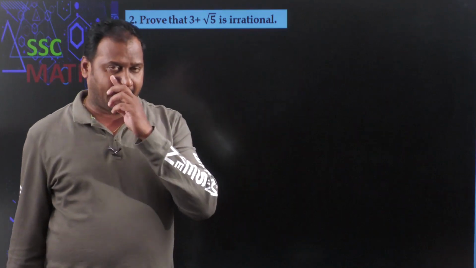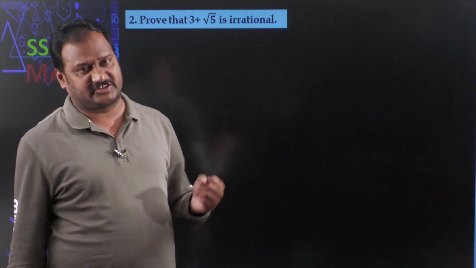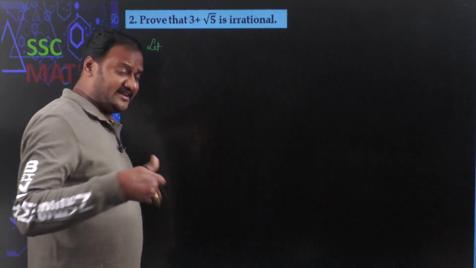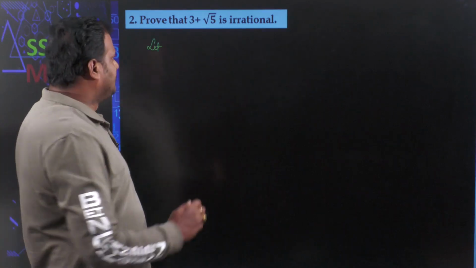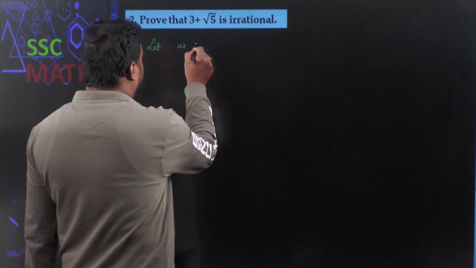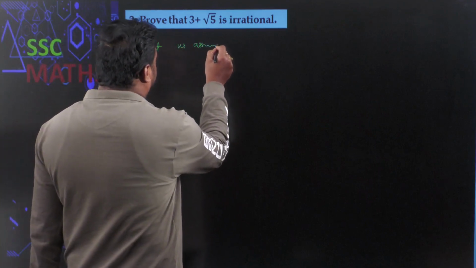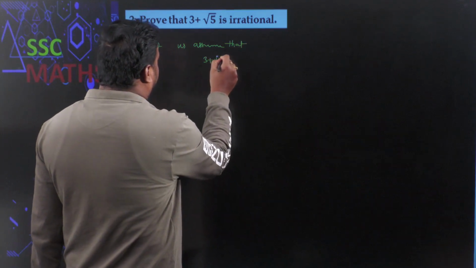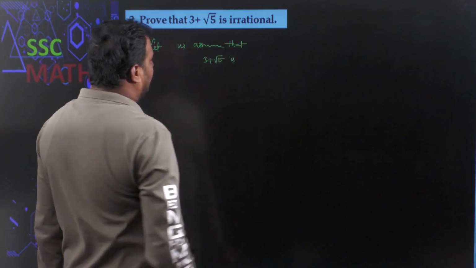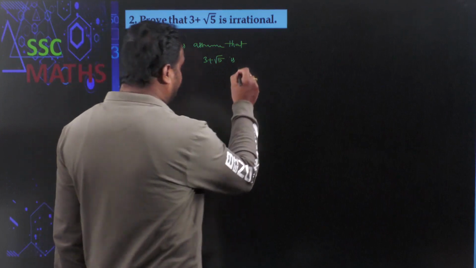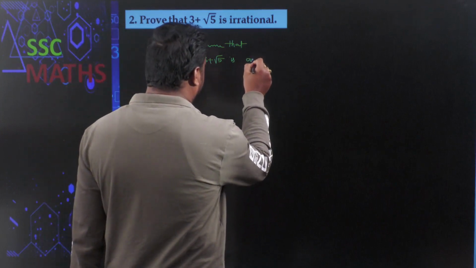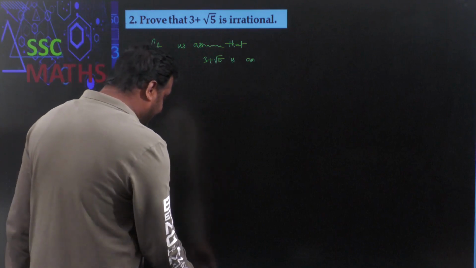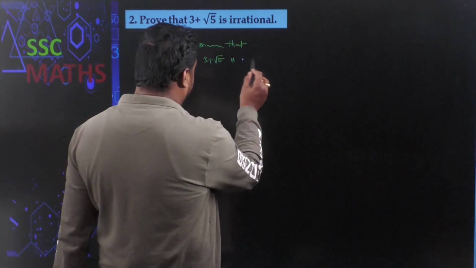That is one way. And the other way suggested in the textbook is, let us consider again the indirect method of proof. Let us assume that 3 plus root 5 is a rational number, because that is our assumption, right?